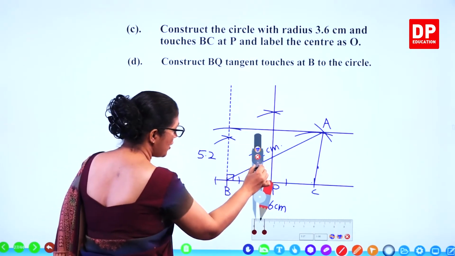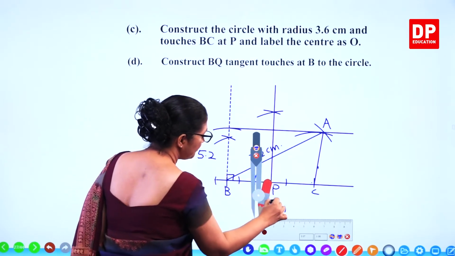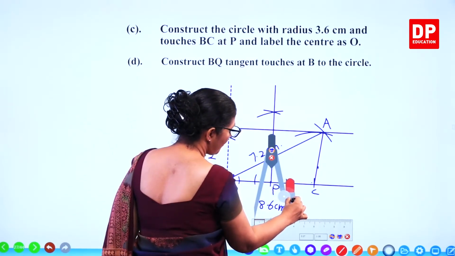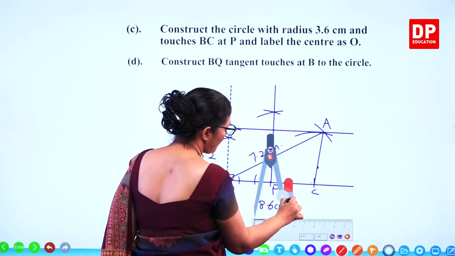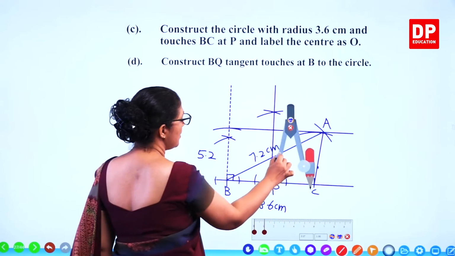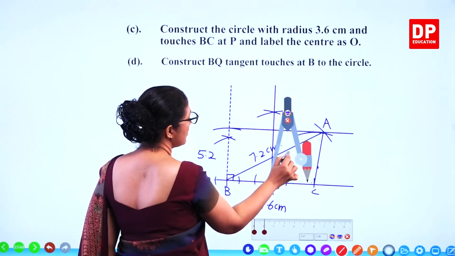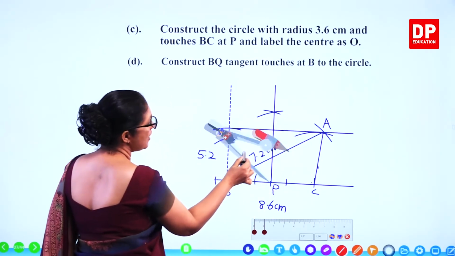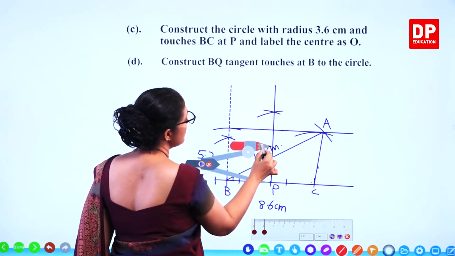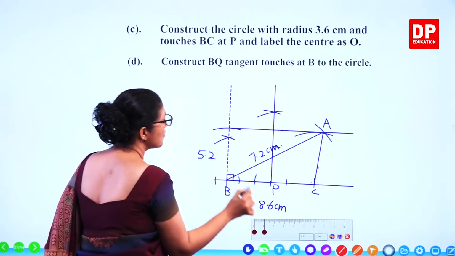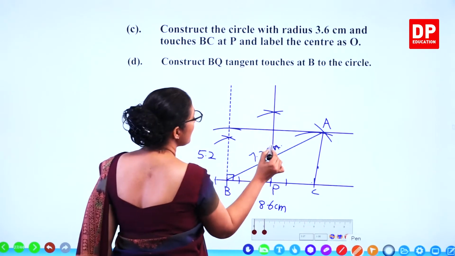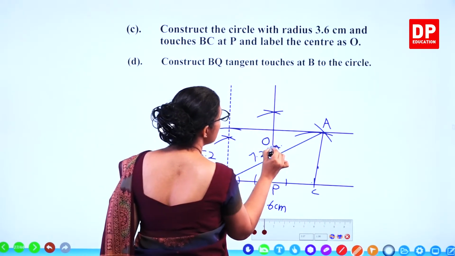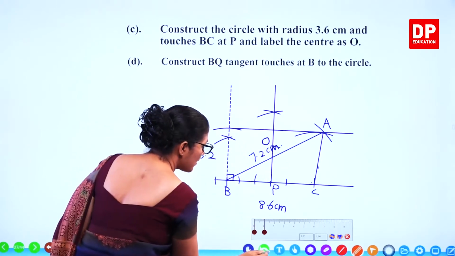We'll measure 3.6. And we'll mark the point. From here 3.6. So here this becomes the center. So that's O. Here this is the O. Now we can draw the circle.